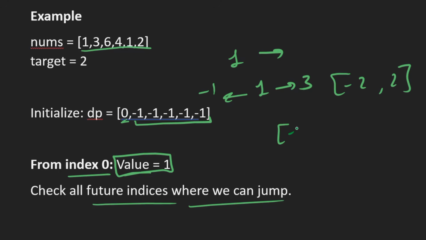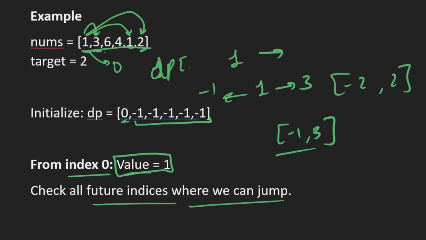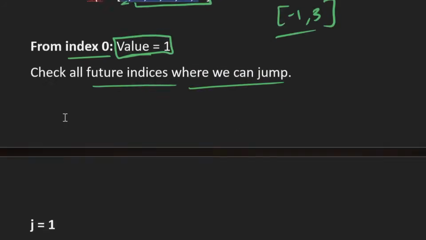So we can jump to 3, we can jump to 1, we can jump to 2. These are the indexes where we can jump. At index number 0 the number of jumps is 0, so we mark the dp value of the future indexes where we can jump as 1.